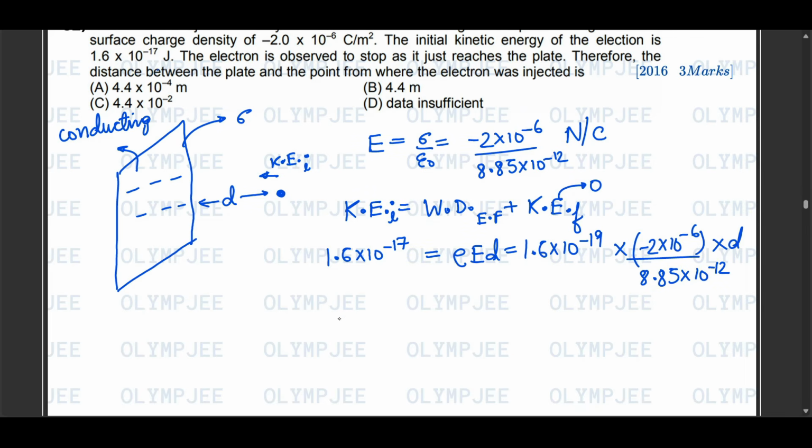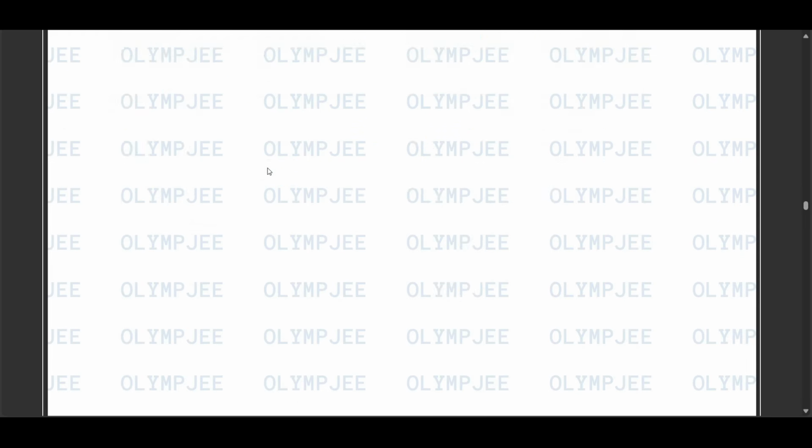So when we calculate d, it comes out as 4.4 multiplied by 10 raised to power -4 meter. So option A is correct.